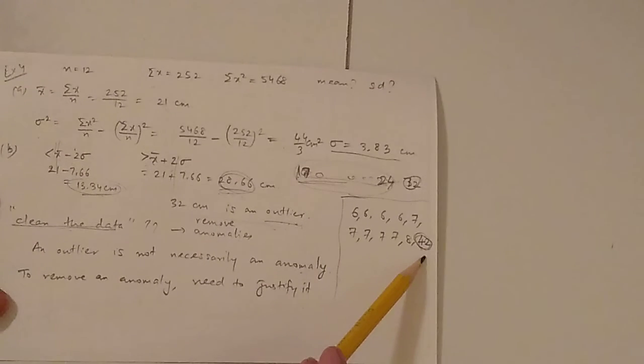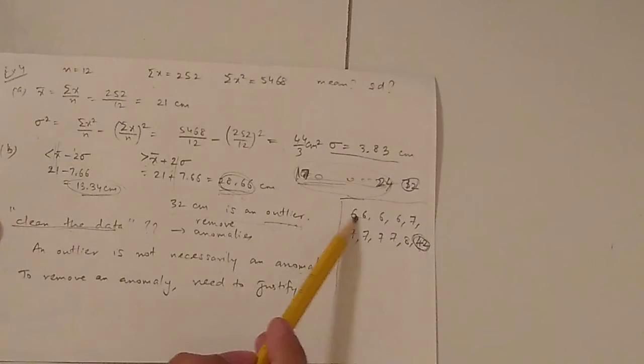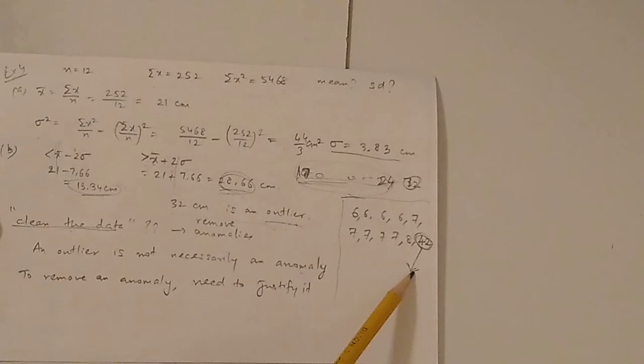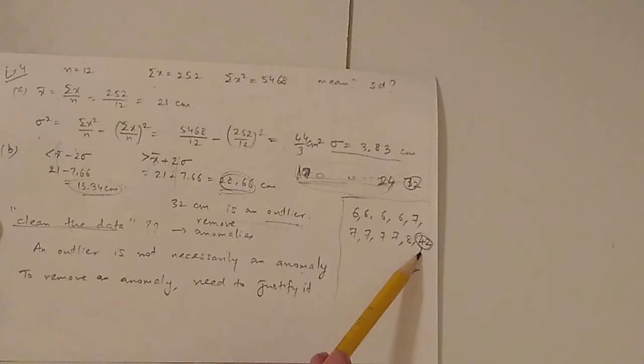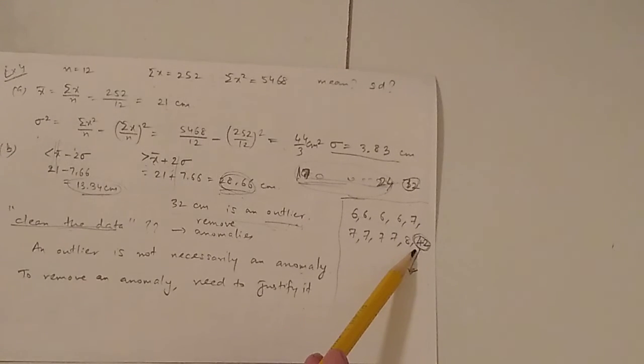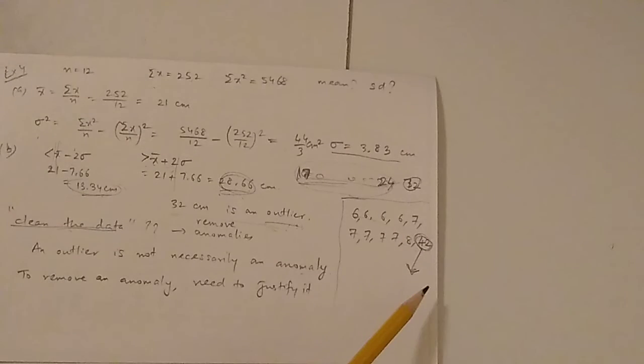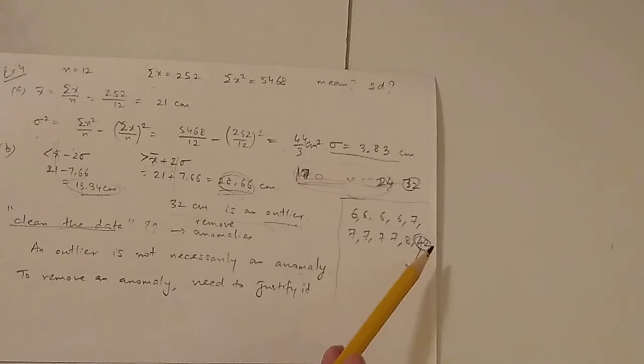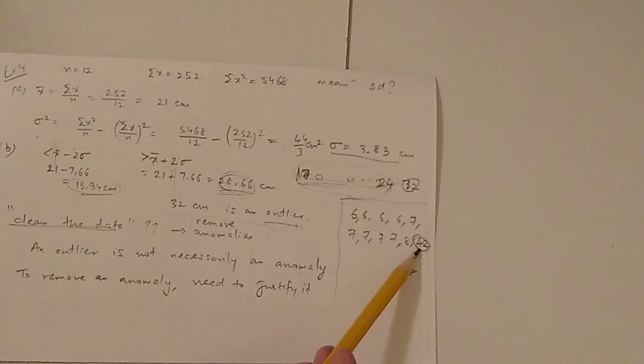But that doesn't mean that when you process the data, you're going to remove the parent from the set of data because his or her age is an outlier. Even though it is an outlier, it is not an anomaly, because it is the age of the parent, not the age of a child.